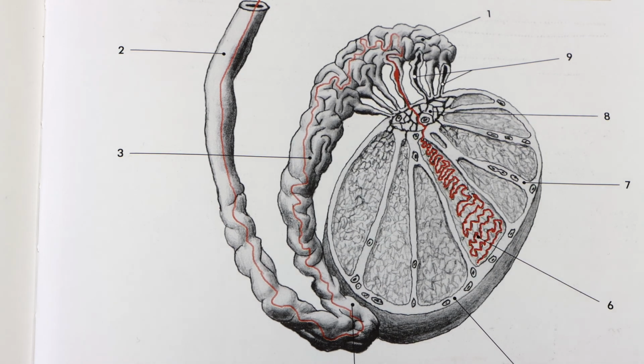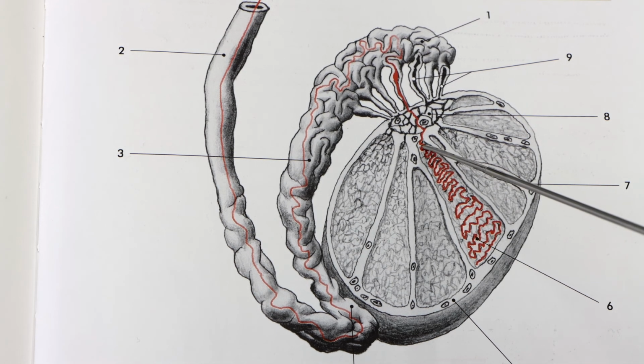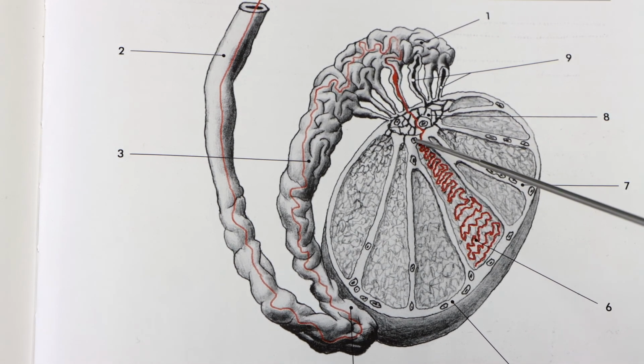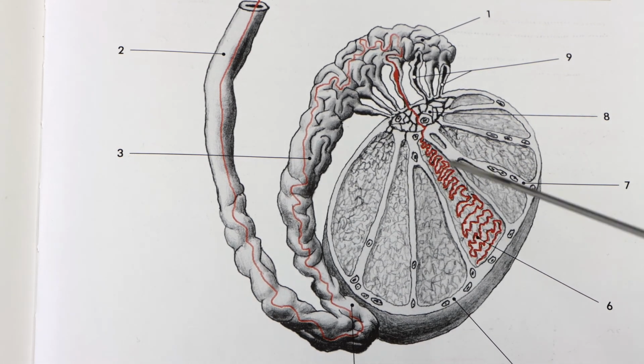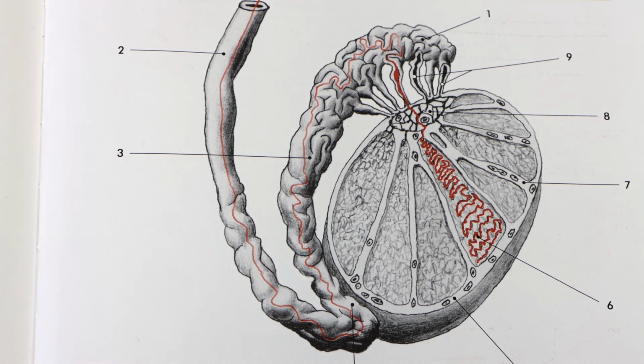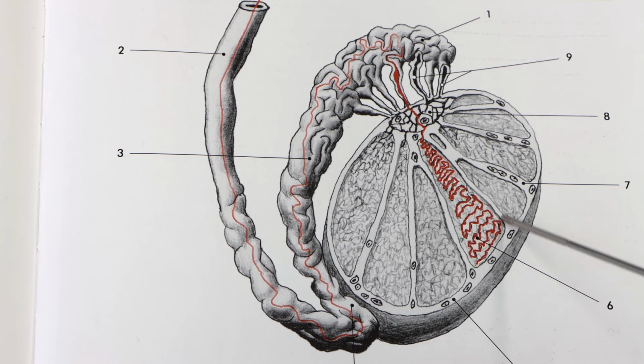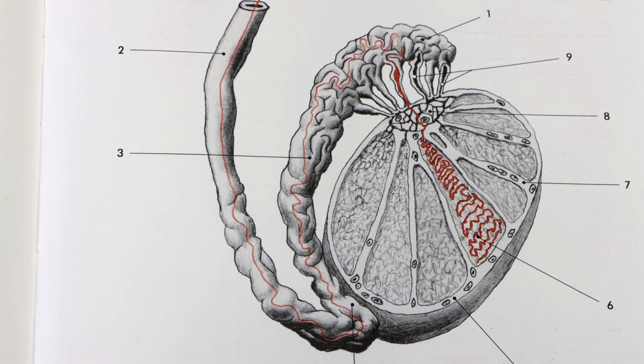Whenever we reach the apex of these lobules and go towards the hilus, it becomes straight, called the straight part, or tubuli seminiferi recti. The beginning, the convoluted part, is called tubuli seminiferi contorti.